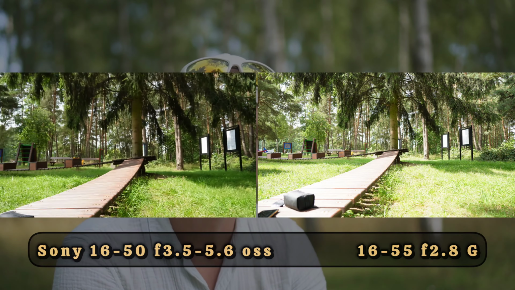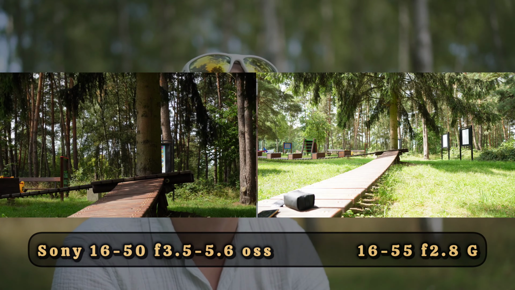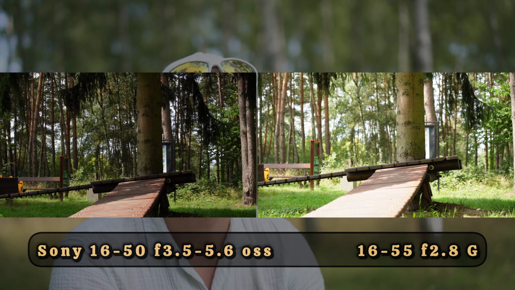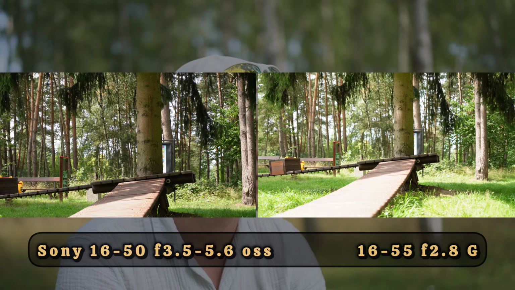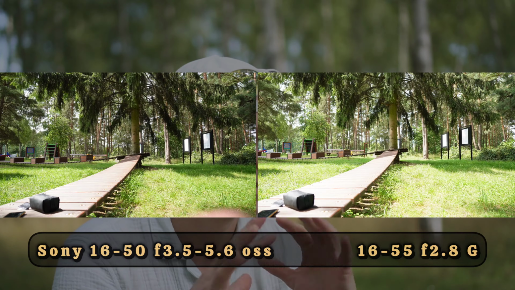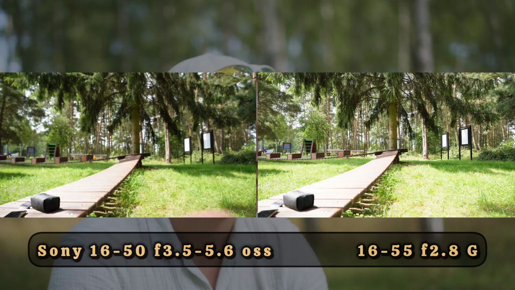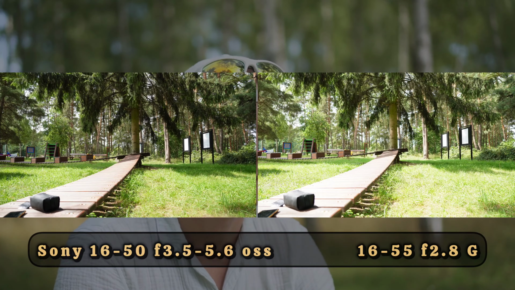I'm going to check a few things between these lenses, and the first thing will be the focal range, because it seems like it will be very similar. 16 to 50 is the equivalent of 24 to 75, and the second one is 16 to 55, so it seems to be 24 to 82.5. So I think that they are very close in this case, and you will see on screen a side-by-side comparison of both of these focal ranges.